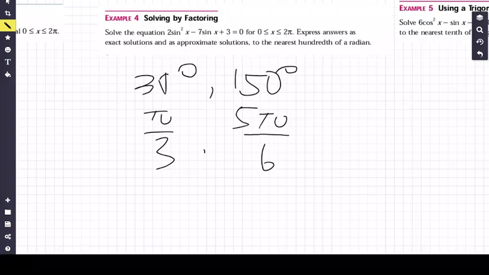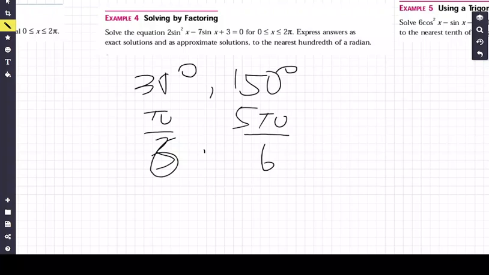So we're going to do that. Go ahead and do pi over 6.